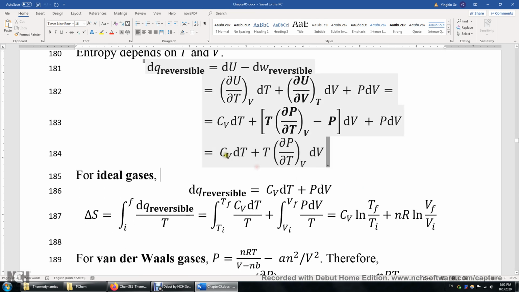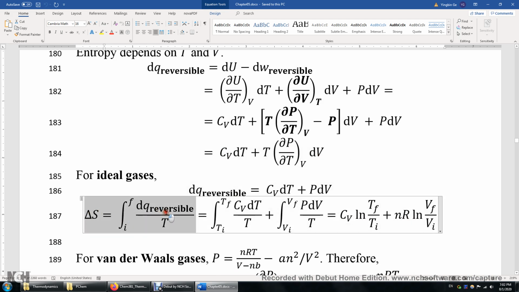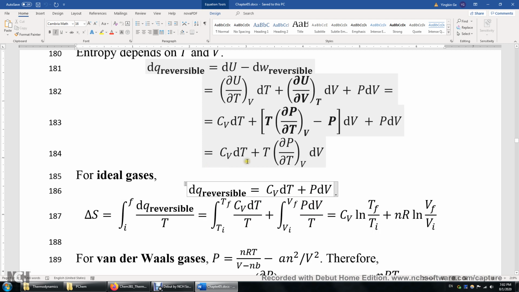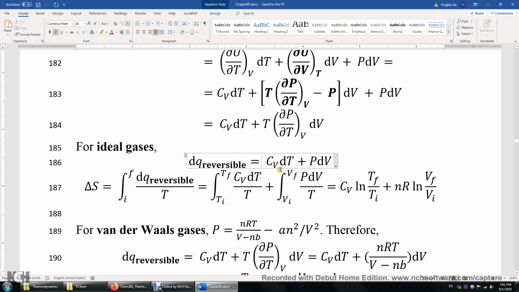Now we plug this expression into this formula for entropy change. Okay, we plug it in. We have this integral of CvdT over T, and also we have this PdV over T. Well, this is for ideal gases.